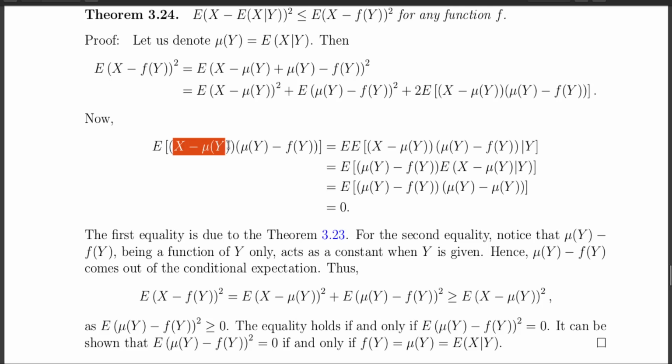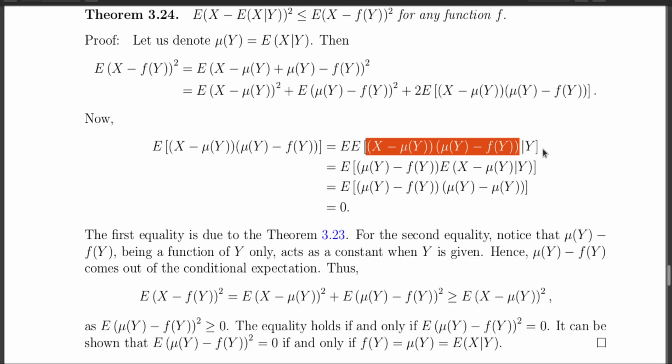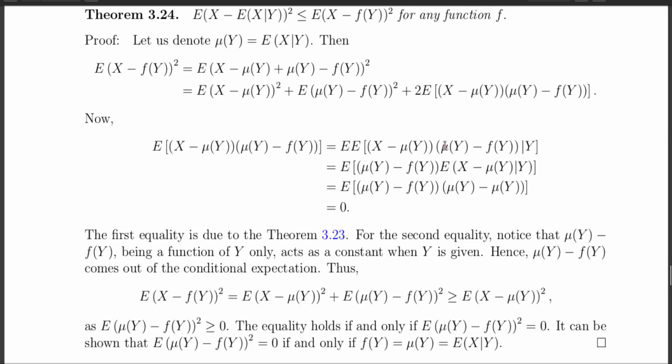If you say this one is a random variable Z, then the expectation of Z is the same as the expectation of the expectation of Z given Y. Now inside Z, this part depends only on Y. When Y is given, this part will act as a constant, so it will come out of the conditional expectation. That's what I did: I write the marginal expectation with respect to Y outside, and this part is taken out of the conditional expectation of X given Y.